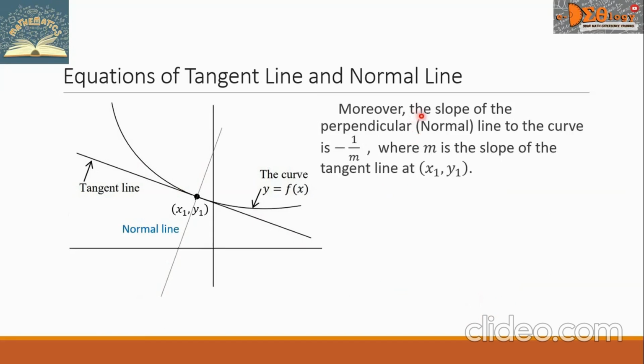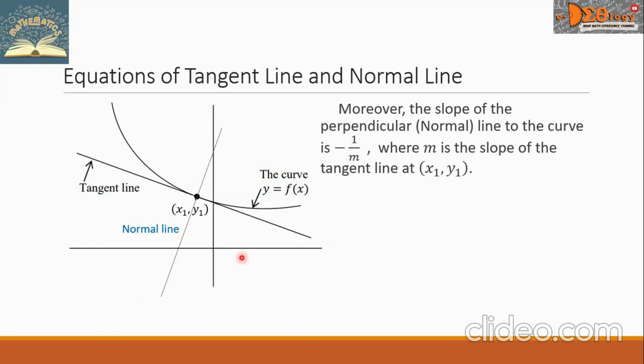Moreover, the slope of the perpendicular line, this is the line, and we call this normal line, to the curve is negative 1 over m, where m is the slope of the tangent line at the point x sub 1, y sub 1.